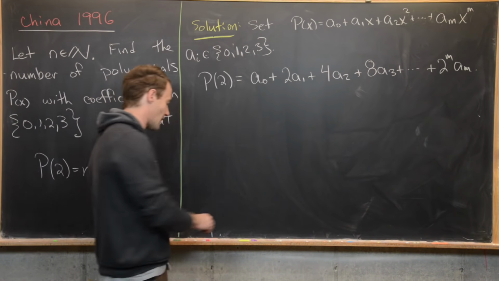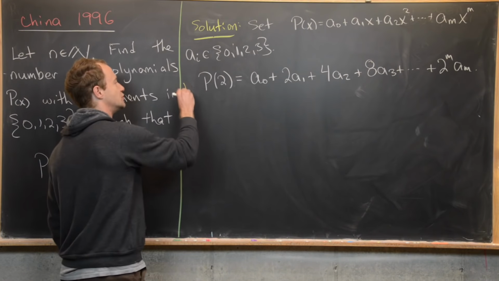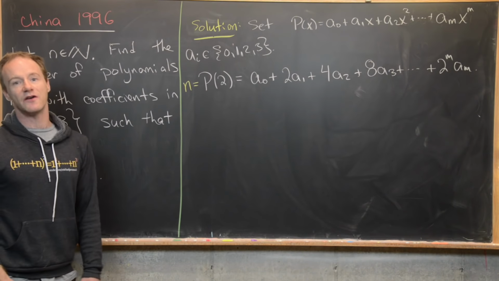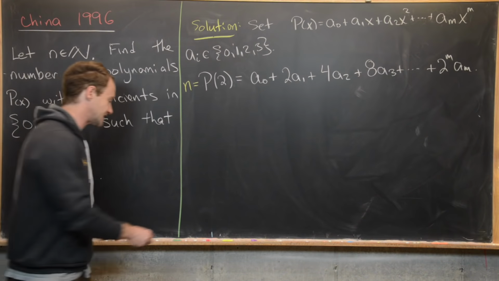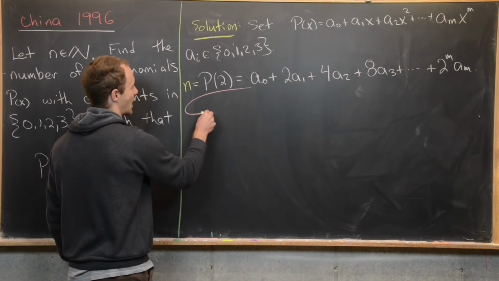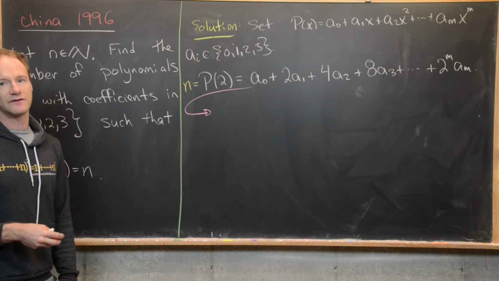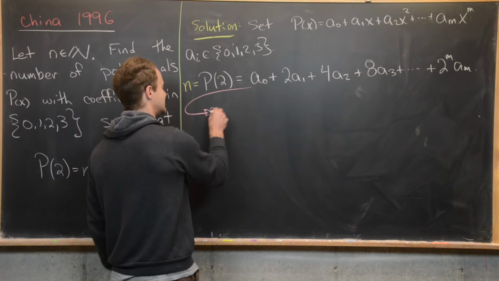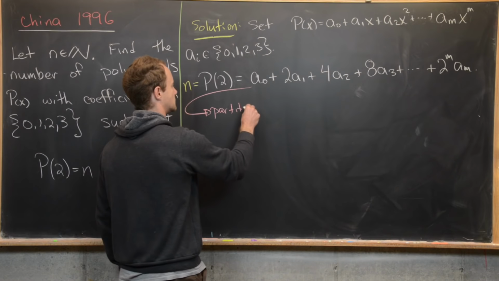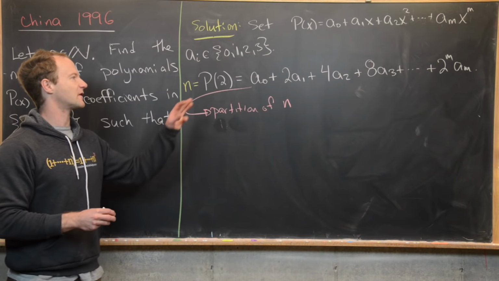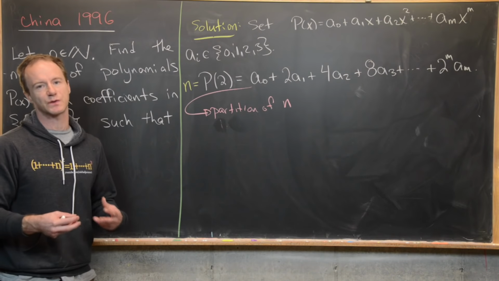Now, I want to point out that if this is equal to n, then it is in fact a partition of n satisfying some certain rule. So let's think about what rule it must satisfy. Then maybe we can write a generating function for that rule. The rule is a bit tricky, but the easiest thing to see is what parts we are using.